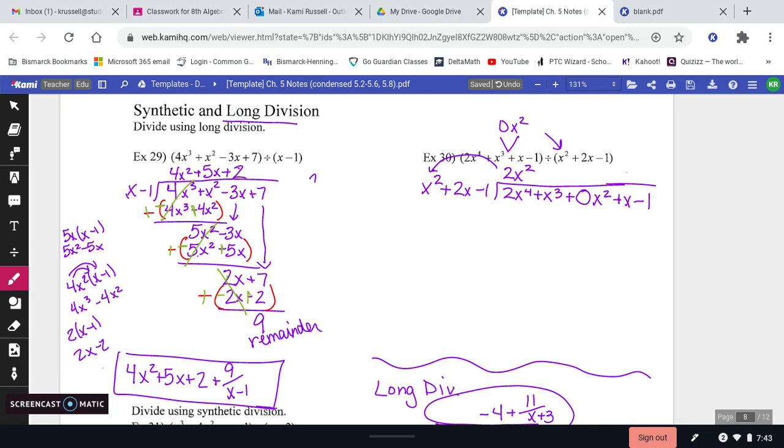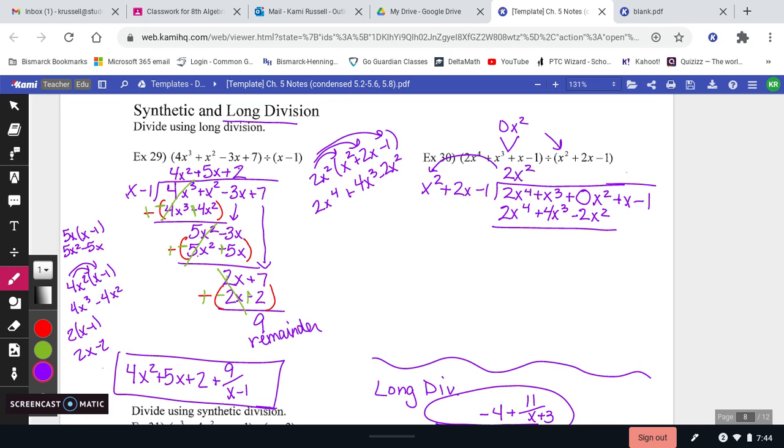So this 2x squared times x squared plus 2x minus 1. I'm going to distribute. So this is going to be 2x to the fourth plus 4x cubed minus 2x squared.